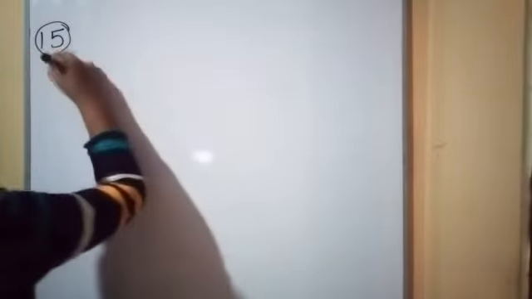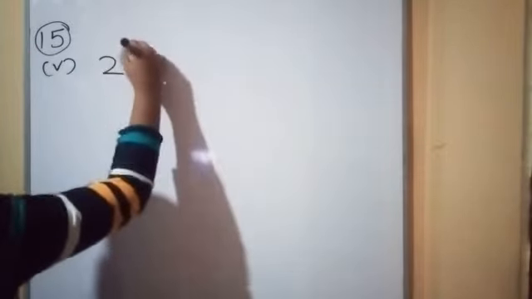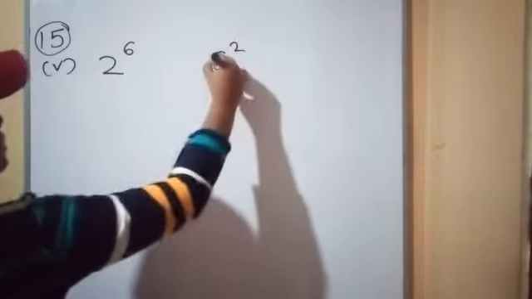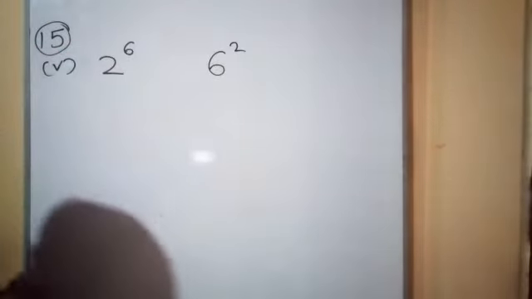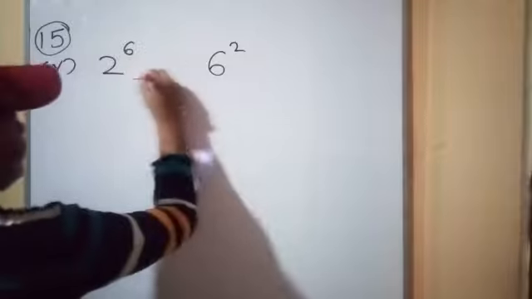Find the larger number from 2 to the power 6 and 6 to the power 2. The fifth one is 2 to the power 6 or 6 to the power 2.